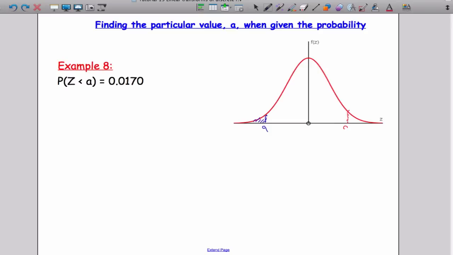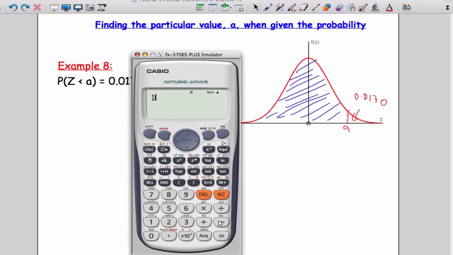Imagining A is here, I know that that area would be 0.0170. Then I can subtract that from 1 to get this area here. So let's do 1 minus 0.0170, and we get 0.983.